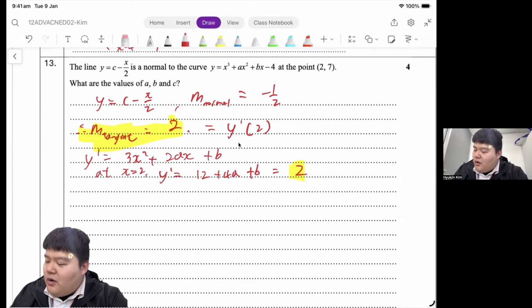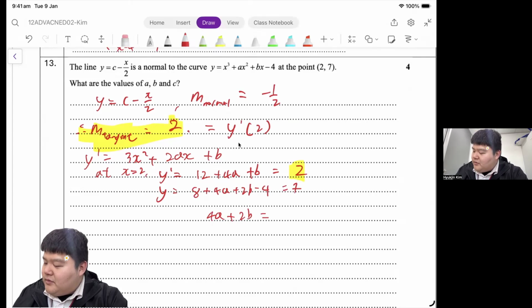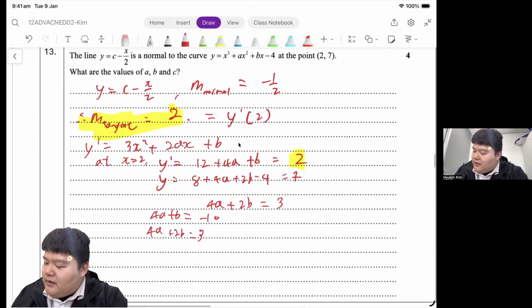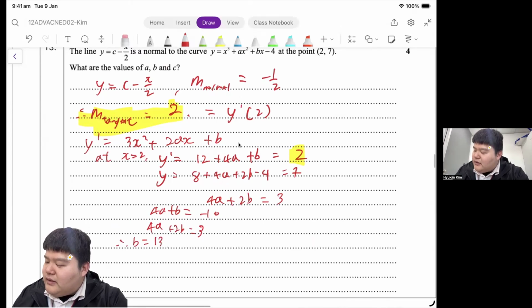At x equals 2, y equals 7. That means 4a plus 2b equals 3. So now I have two equations, right? I have 4a plus b equals negative 10, and 4a plus 2b equals 3. This means b equals 13.